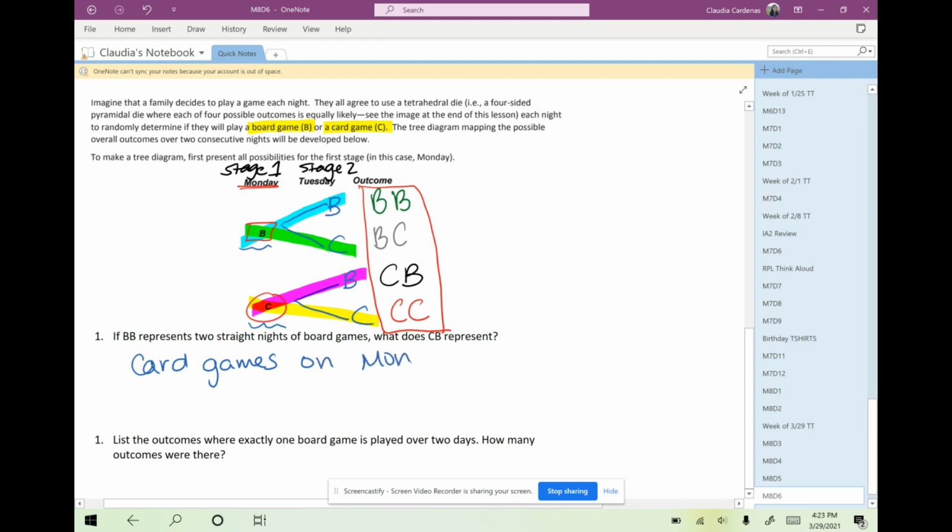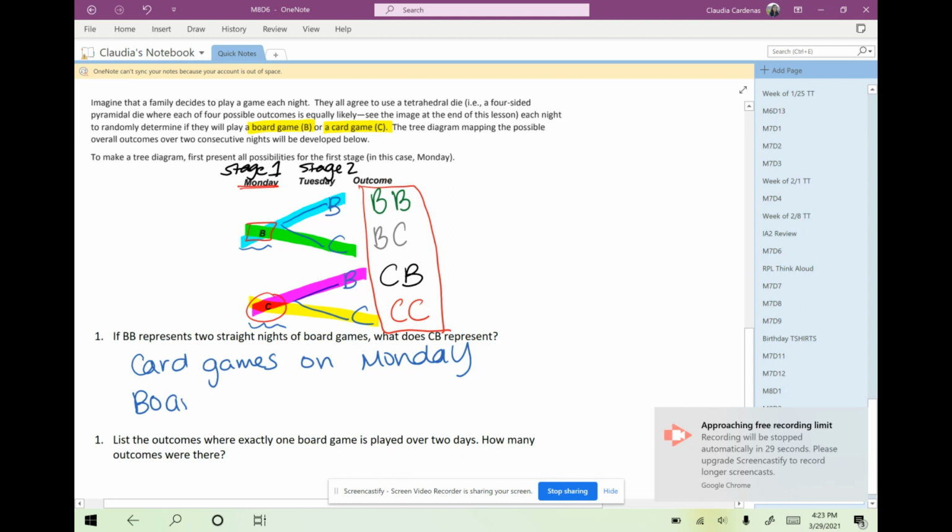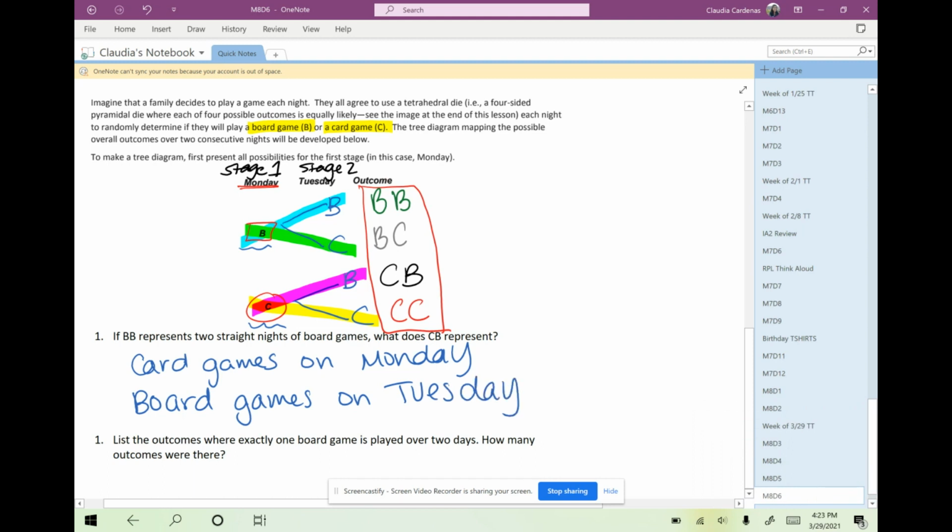That would be Monday. And since B is board games and it is second, that would be on Tuesday. So Monday they would play card games, and on Tuesday they would play board games. It has to be in that order because we read it from left to right, and the first stage is Monday. Therefore, the first letter relates to Monday, and the second letter relates to the second stage, or Tuesday.